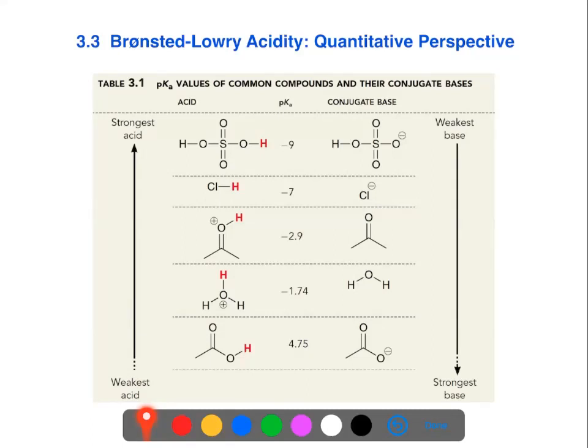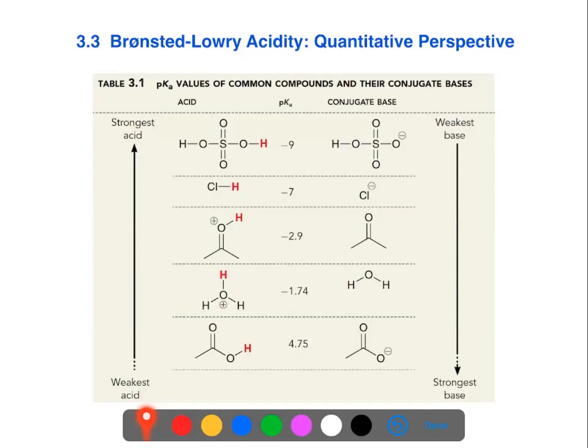Recall that the strongest acids will dissociate most efficiently. And so as a result, their Ka values will be quite high. But when you take the negative log of those Ka values, the result is a negative value. And so you can see that our stronger acids are inorganic acids such as HCl and HI.